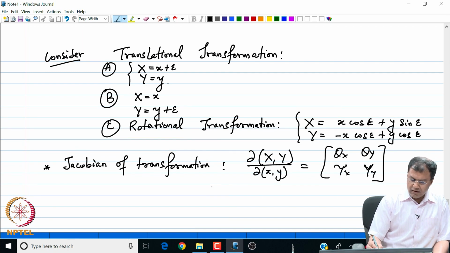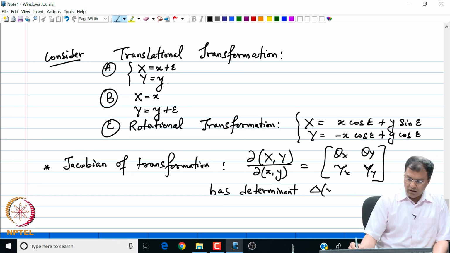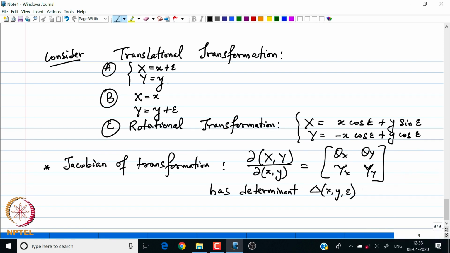Notice that this has determinant delta of x, y, epsilon, which is also equal to theta x psi y minus theta y psi x, right.